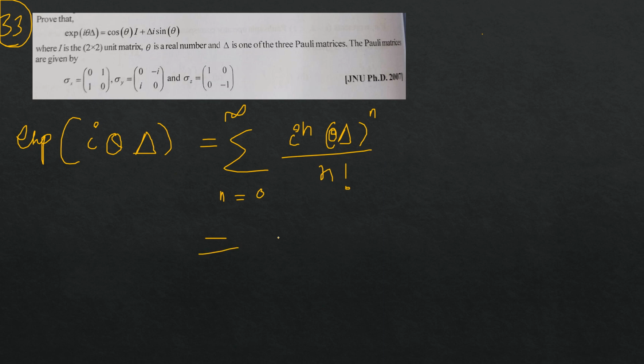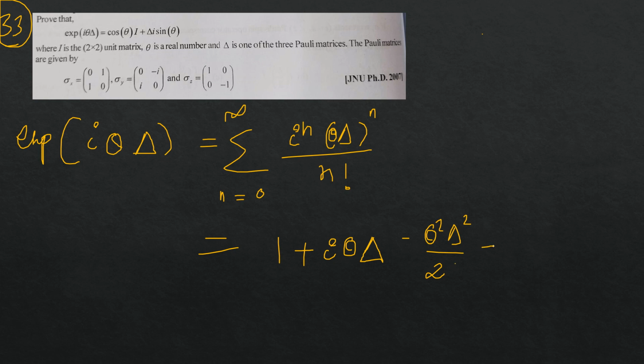Is equal to 1 plus i theta delta, minus, you can just keep putting a n here. First I put a 0, right? Then 1, okay, then 2. Because of that 2, i to the power n becomes minus, and everything becomes squared. Theta square delta square by 2 factorial.